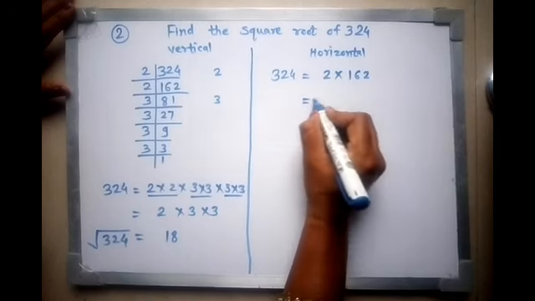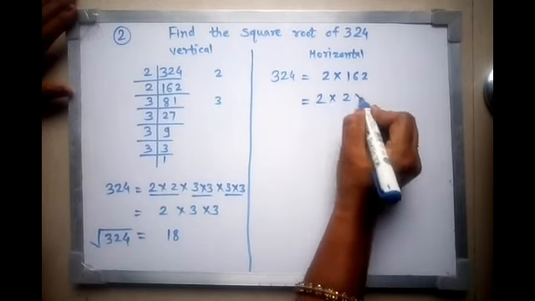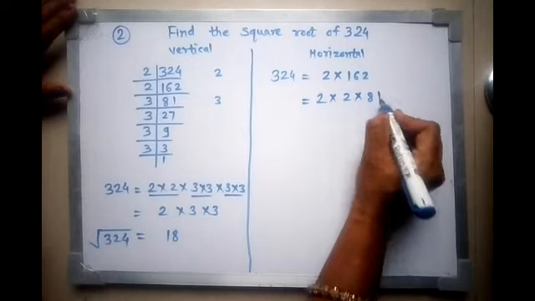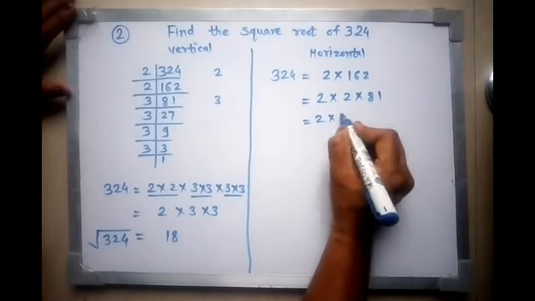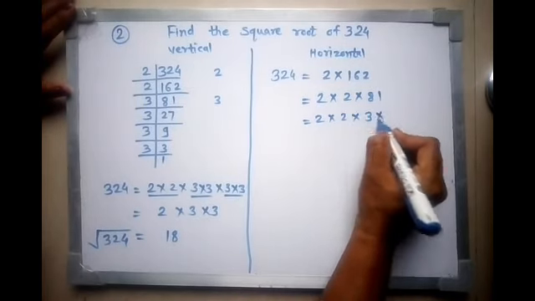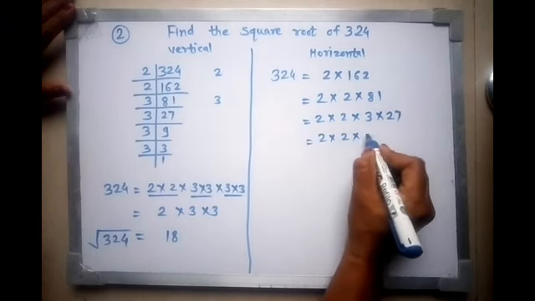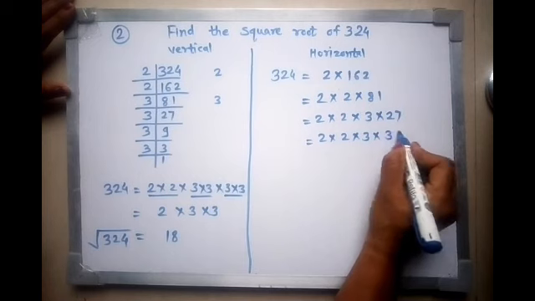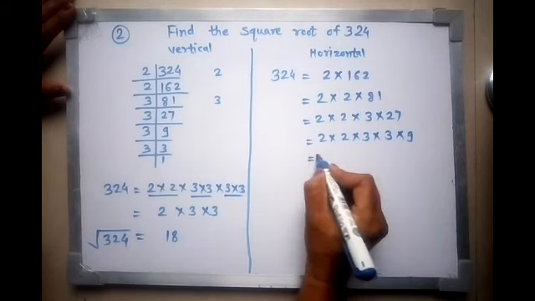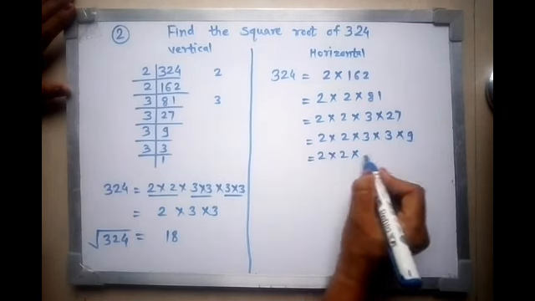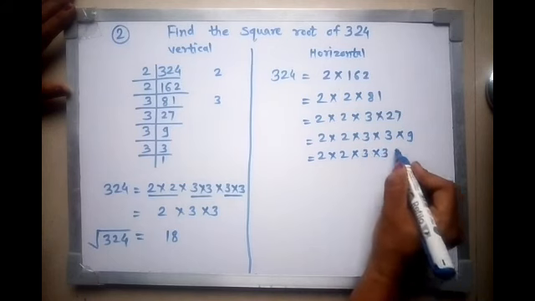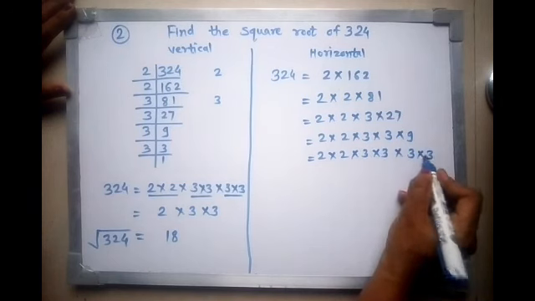Find the square root by the horizontal method. Find factors of 324 by the horizontal method. 2 into 2, 3 into 3 into 9. 2 into 2, 3 into 3 and 3 into 3.